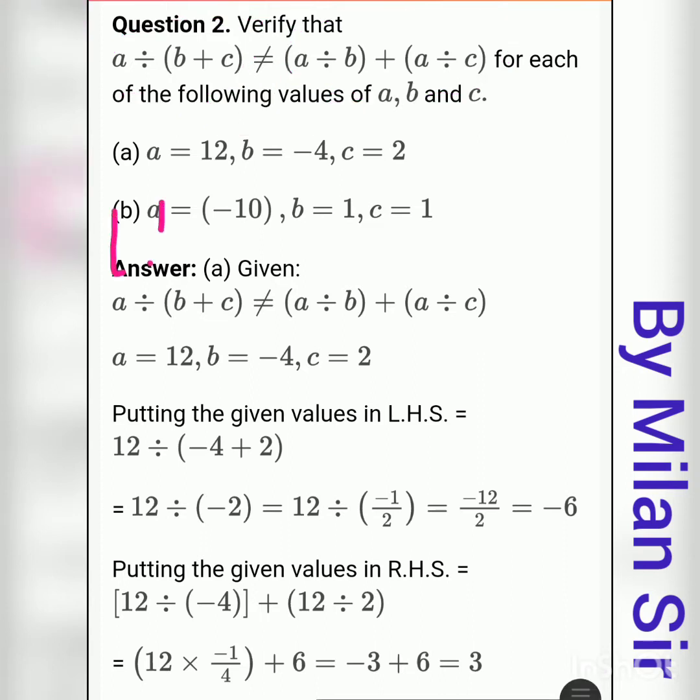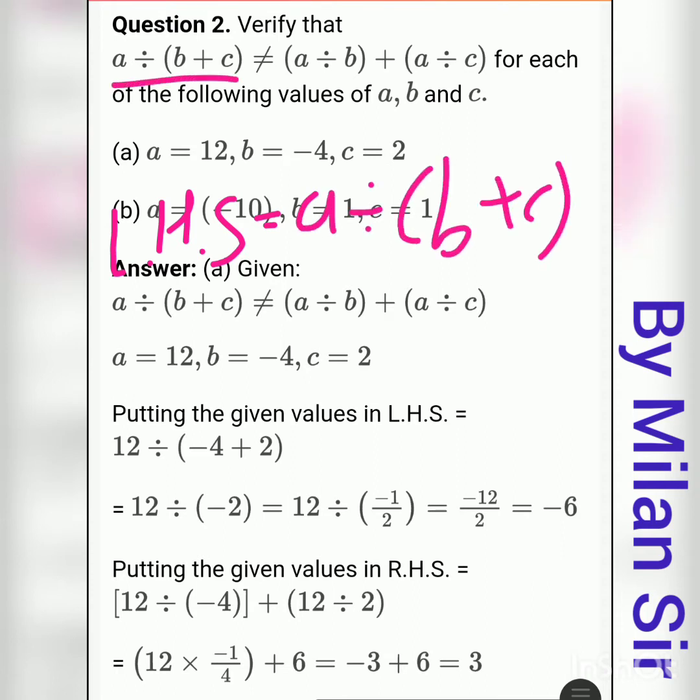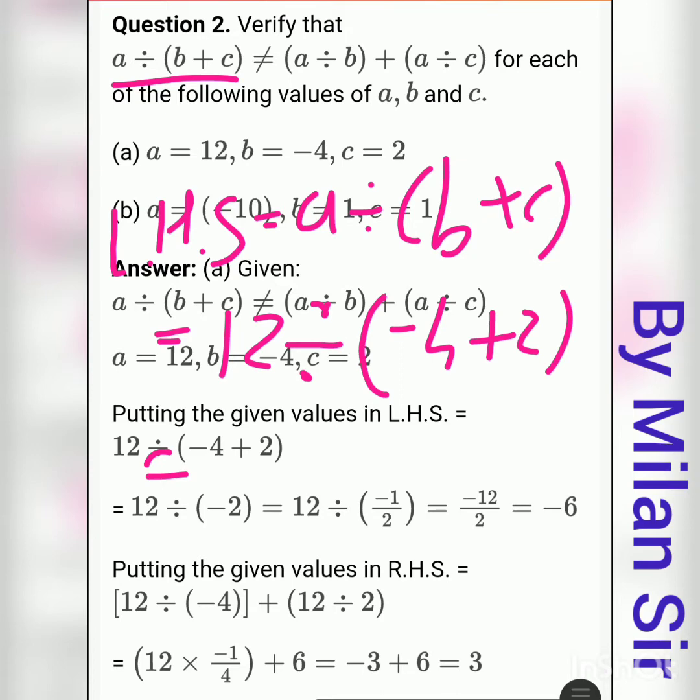So first of all, the left hand side, a divided by (b plus c). This is the left hand side. Now put the values of a, b and c. So a is 12, divided by (b is -4 plus c is 2). First of all, as per the rule of BODMAS, we need to solve this bracket. So 12 divided by (-4 plus 2).